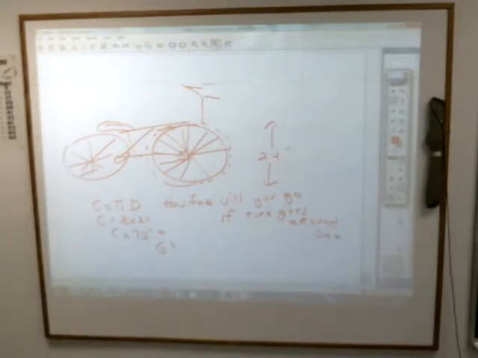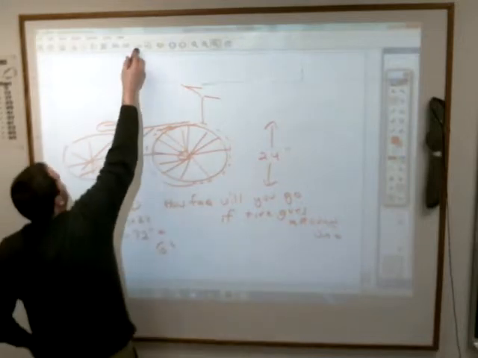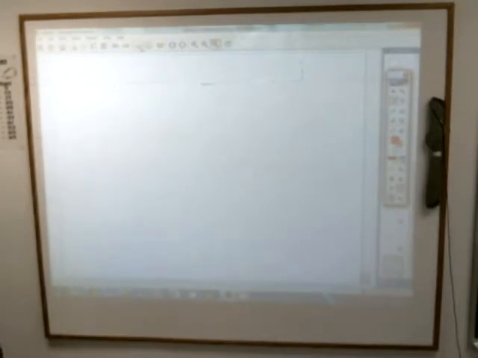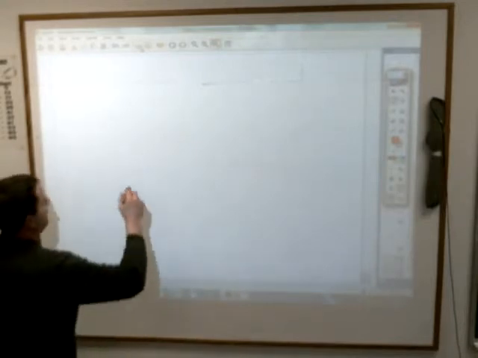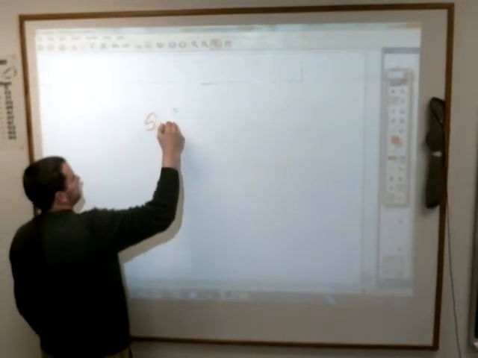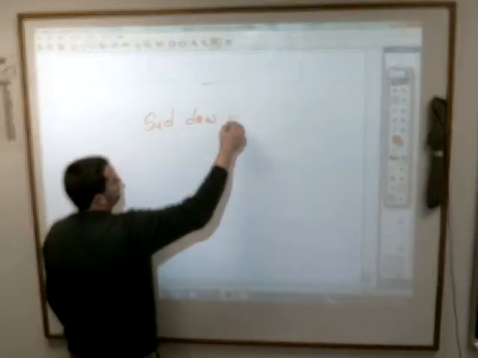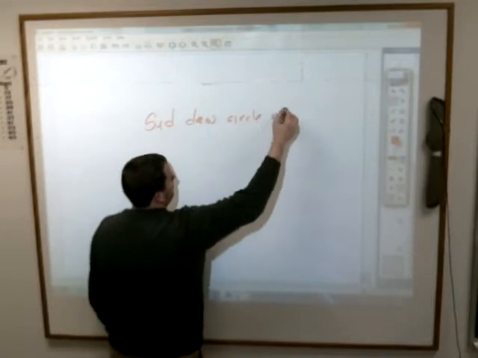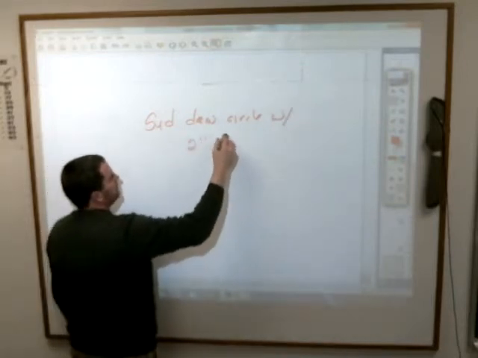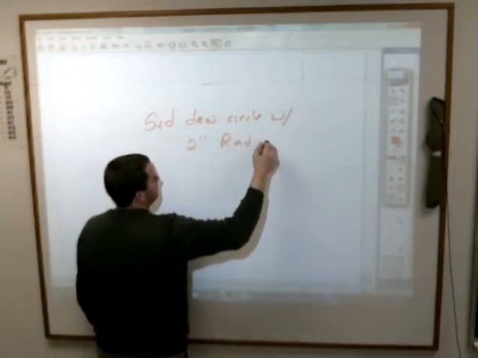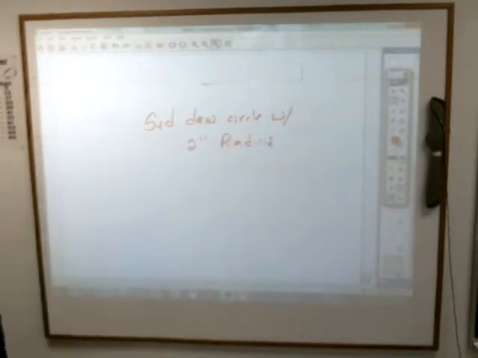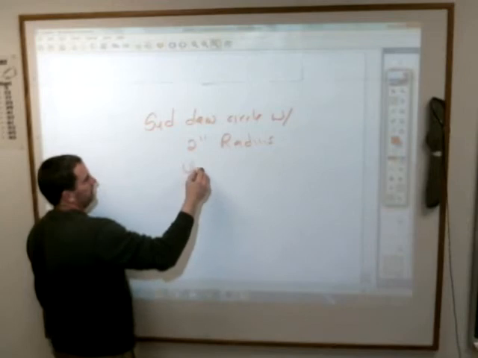Now let's look at a problem right out of the book. Let's write it down, and I'll walk you through it here. Sid drew a circle with a 2-inch radius. What is the circumference of that circle?